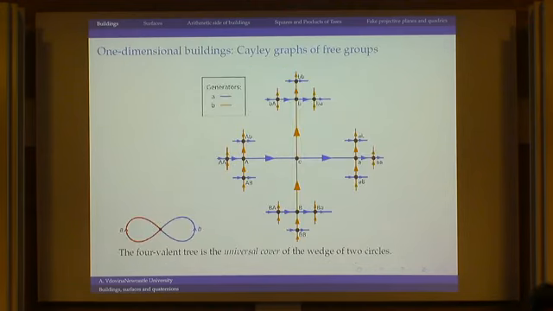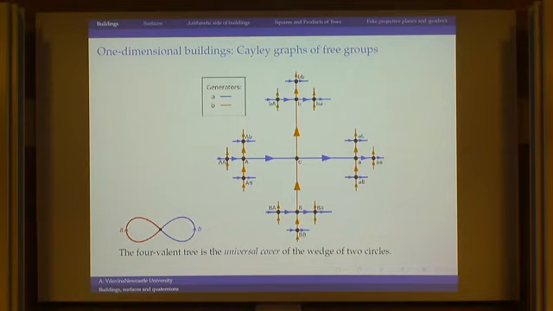Okay, but now one-dimensional Euclidean buildings. What is maybe the most famous example of a one-dimensional Euclidean building? It's the Cayley graph of a free group on two generators. Everybody remembers this graph, the wedge of two circles? And we look at the universal cover of the wedge of two circles.